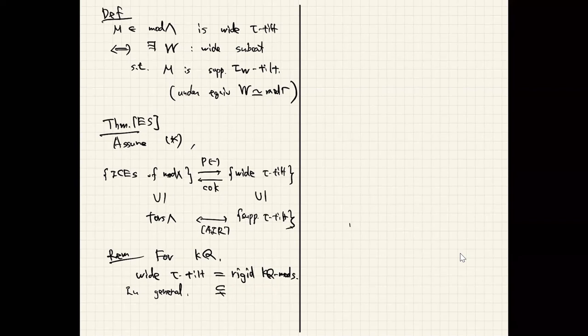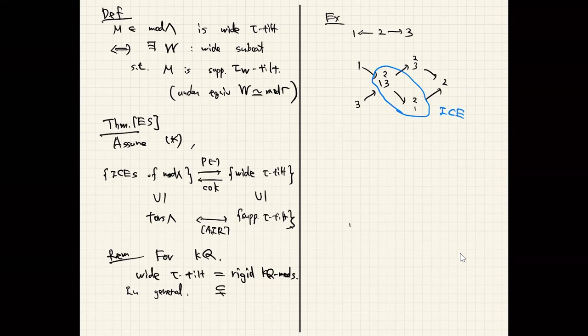And so now finally, let's look at some example. The module category looks like this. And we have seen that this is ICE.